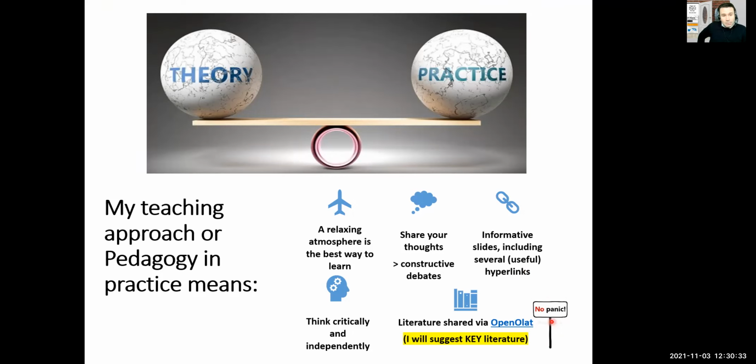And when the time comes, in February, late January, I will be sharing some key literature for the exam. So please take those references as part of the general knowledge, important references for your guidance at a certain level, but read them if you can.